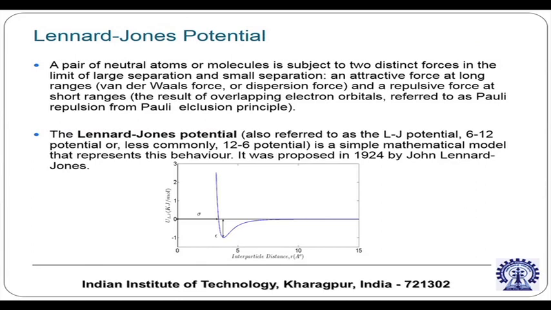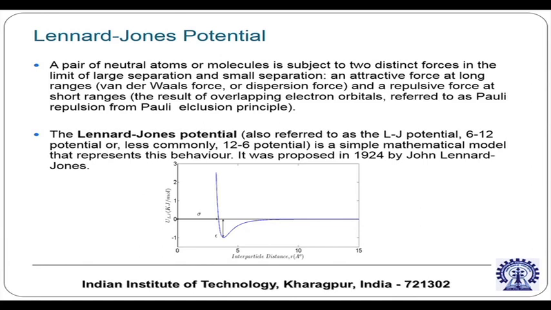The Lennard-Jones potential is based on the consideration that a pair of neutral atoms or molecules is subject to two distinct forces in the limit of large separation and small separation. An attractive force at long ranges, which is typically van der Waals force or dispersion force, we have discussed this earlier, and a repulsive force at short ranges which comes into the picture as a result of overlapping electron orbitals, referred to as Pauli repulsion from Pauli's exclusion principle.